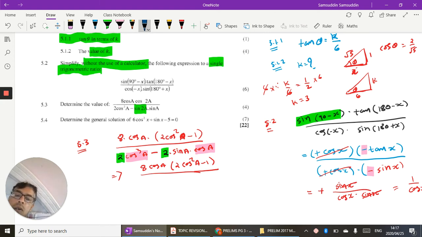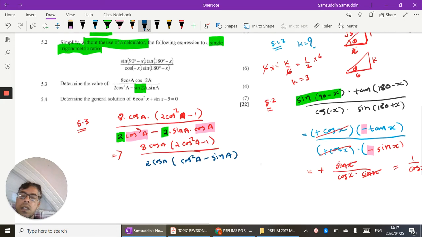I'll take it out common. 2 cosine A is common. I'll be left with cosine squared A minus sine A. 2 is common, cosine A is common, 2 cos squared A minus sine A. That will be my common.